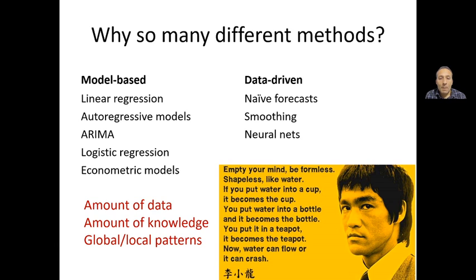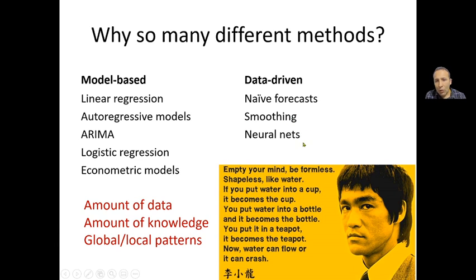And there is another method which is data driven, which uses the same series that we are using to forecast. Examples of this are naive forecasts, smoothing, and neural networks. So we can use previous data in order to forecast the same data series.